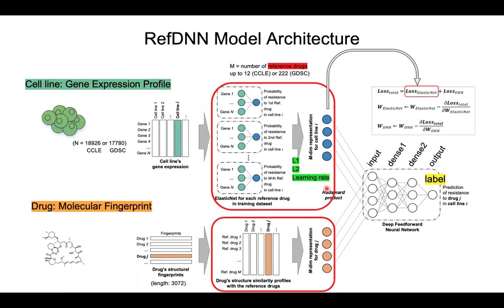Then the cell line and the drug representations will be multiplied to get this input layer for a simple fully connected neural network with two hidden layers, and the output is the final prediction of the drug resistance.